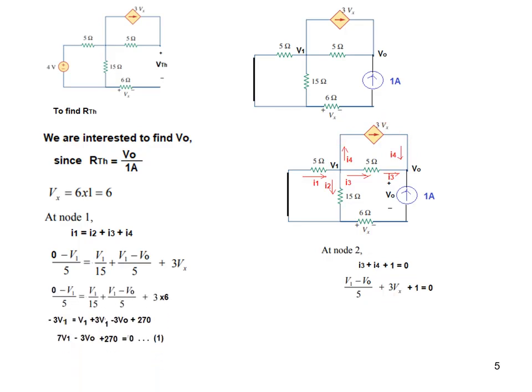Now simplifying this, for Vx we replace 3, and then simplifying we get this equation, which we'll call equation number 1. Same here, replacing Vx by 6 and simplifying, this is our second equation.